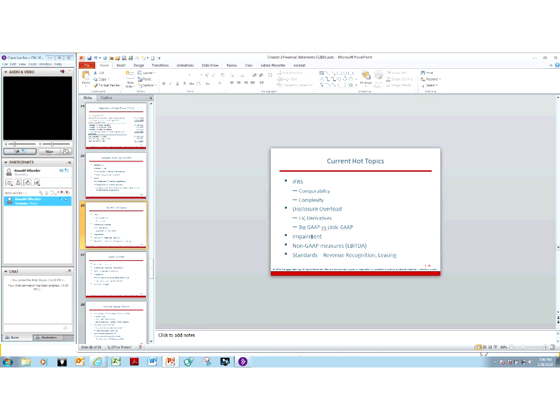Another really hot topic is what are called non-GAAP, or non-generally accepted accounting principles, measures. EBITDA is really the biggest one that I see out there. When I was in the public company, we stayed away from talking about EBITDA. EBITDA is earnings before interest, taxes, depreciation, and amortization.